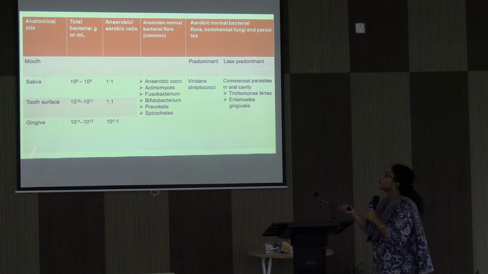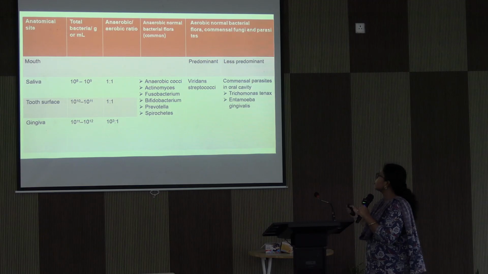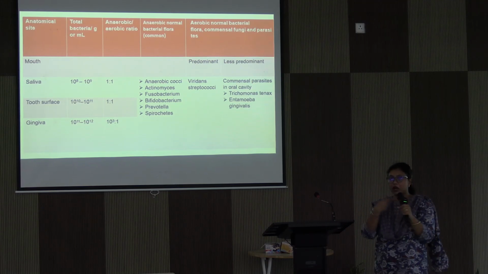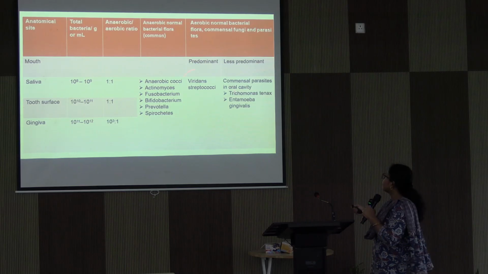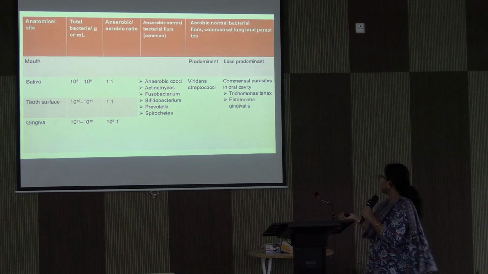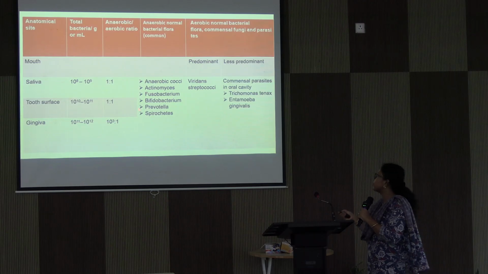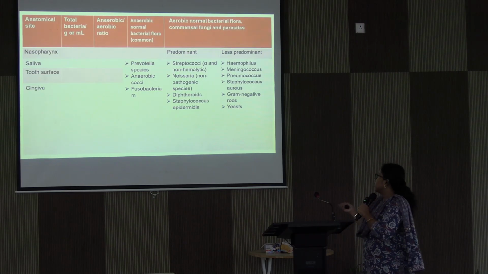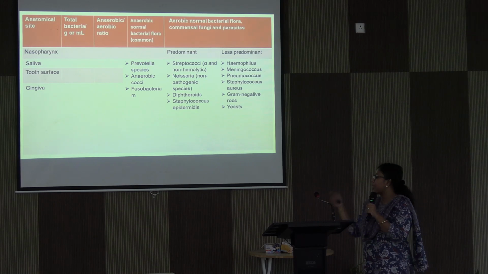If you can, at least write the predominant flora. In saliva or the buccal cavity and gingiva, the predominant microorganism is viridans streptococci. There are also more anaerobic cocci, but the predominant are viridans. Next is the nasopharynx.